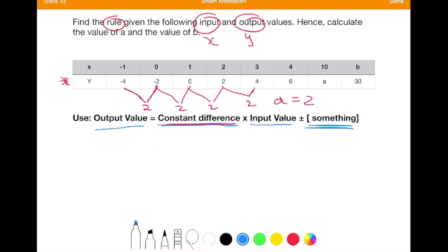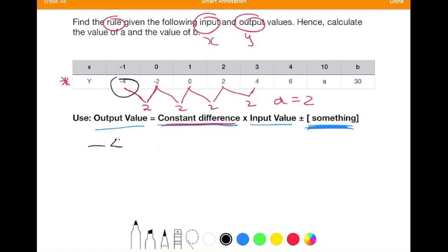So we want to start with the constant difference, and that will be multiplied by every input value. And then we shall see what adjustments we need to make there in order to get the numbers that are shown there by y. Let us start with -4, that -4 there.